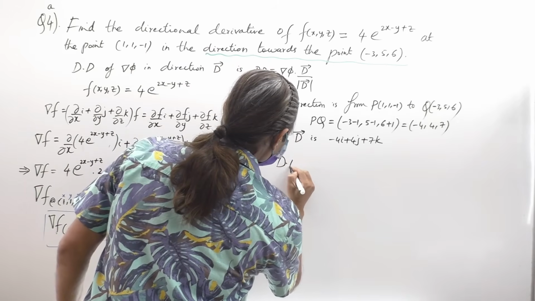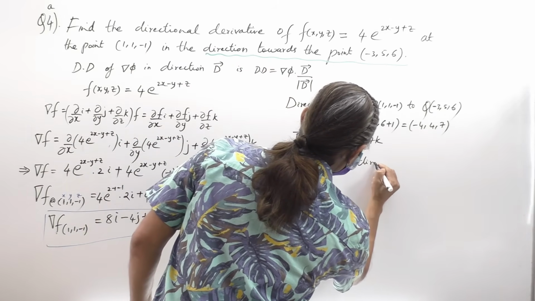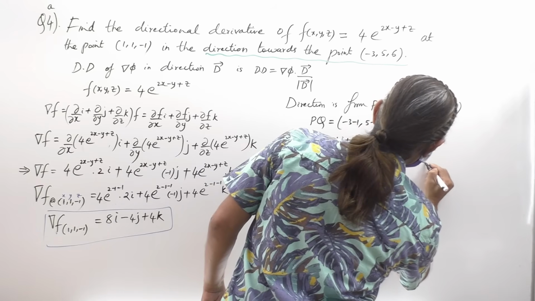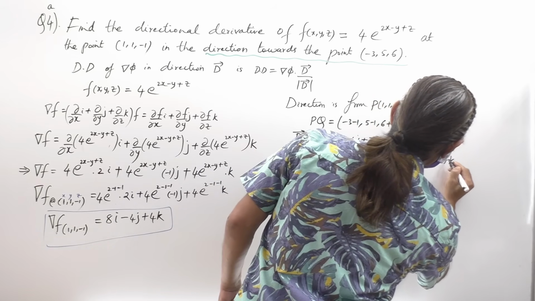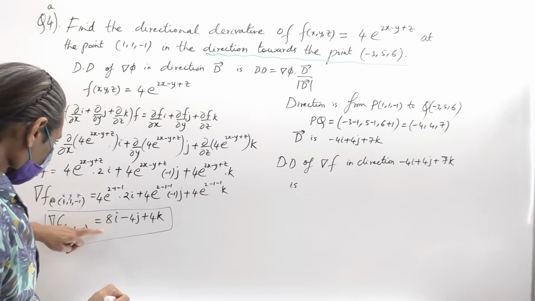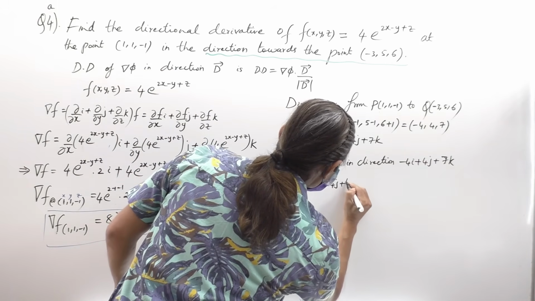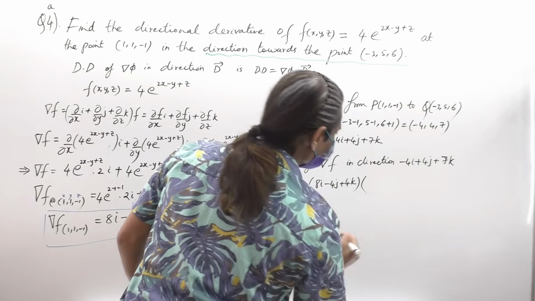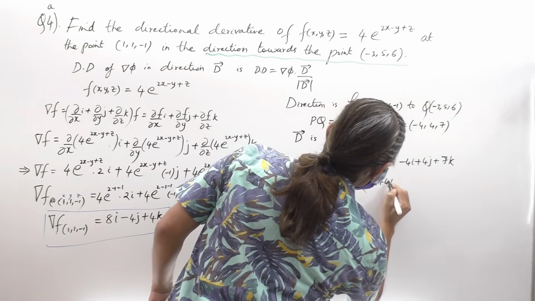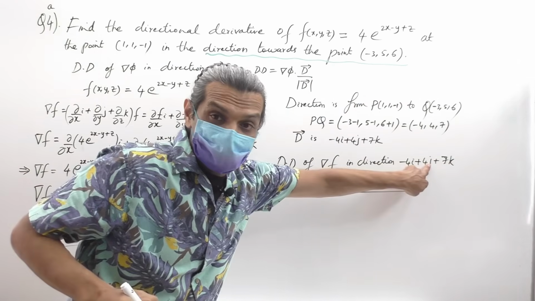Therefore the directional derivative of del f in the direction we got, minus 4i plus 4j plus 7k, is nothing but, we have del f as 8i minus 4j plus 4k, into the given direction, minus 4i plus 4j plus 7k, whole divided by modulus of this.